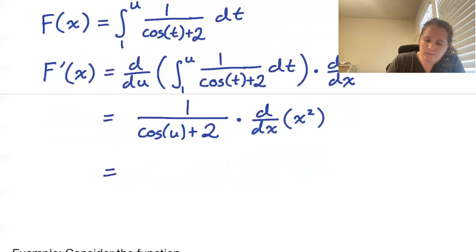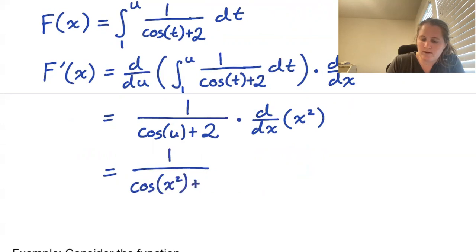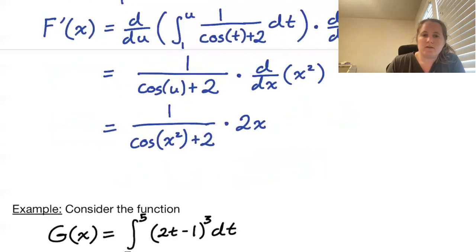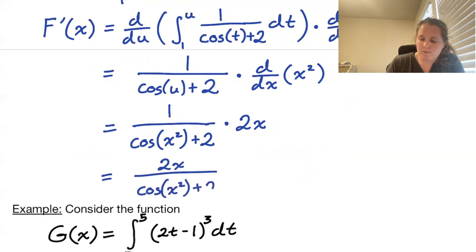So this becomes 1 over cosine of x squared, whole thing plus 2 in the denominator. And then we multiply by 2x. So we wind up getting 2x over cosine of x squared plus 2.